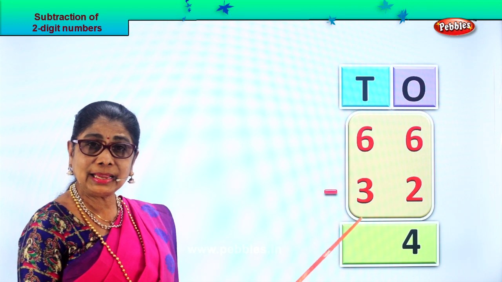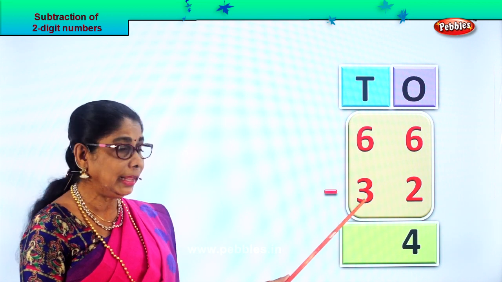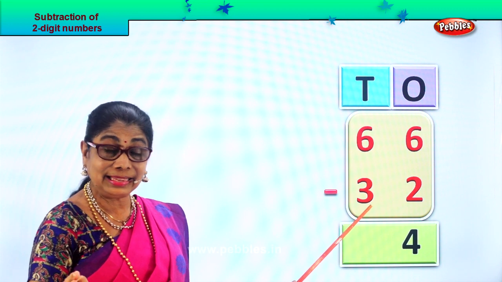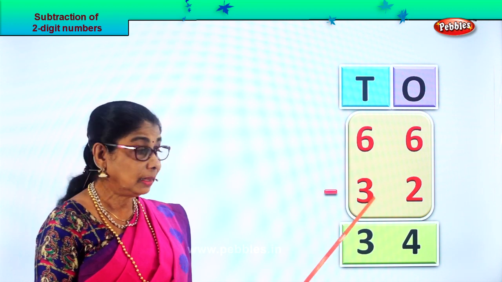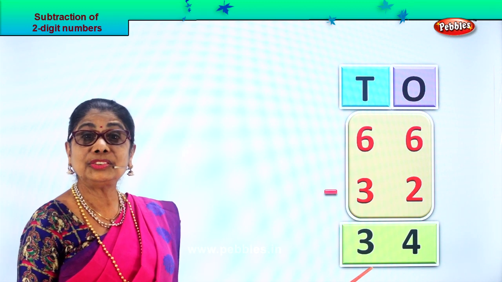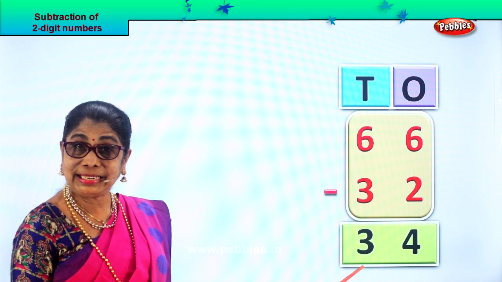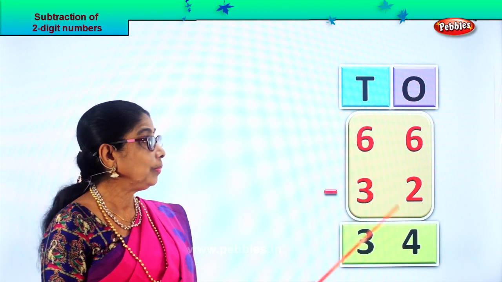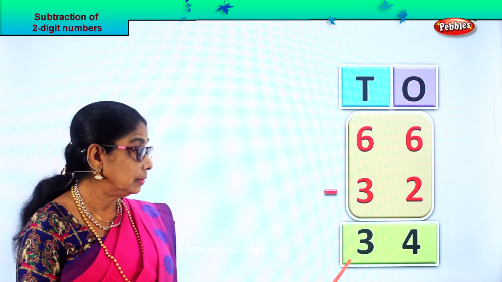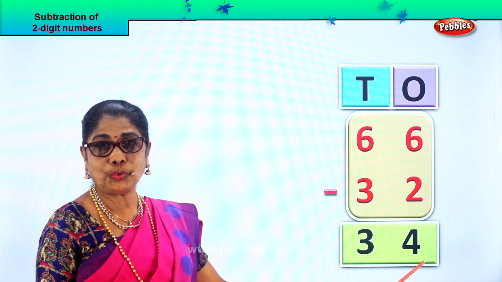Count up to 6 and see how many you get: 3, 4, 5, 6. So 3 plus 3 is 6. So 6 minus 3 is 3. So you have 3 tens and 4 ones. 66 minus 32 gives you the answer 3 tens, 4 ones.